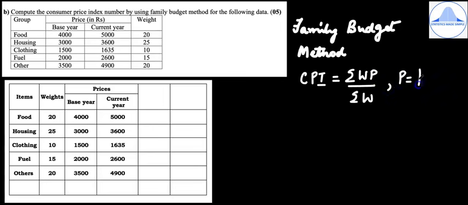So P is equal to P1 divided by P0 into 100. So each of these formulae will carry 1 mark.